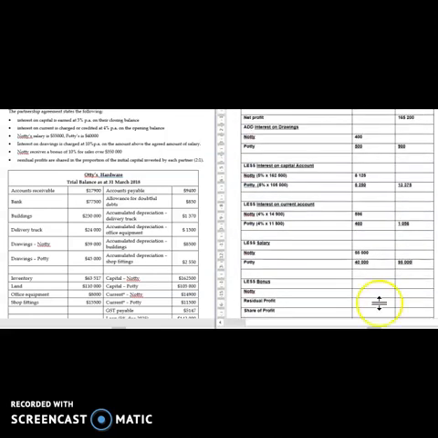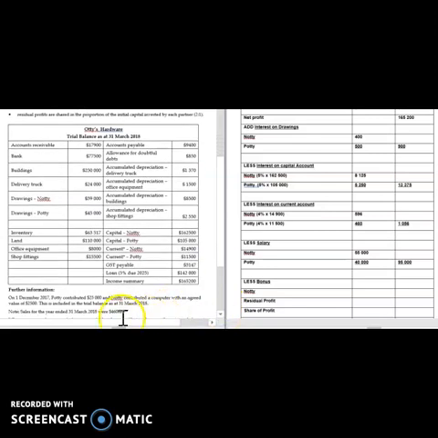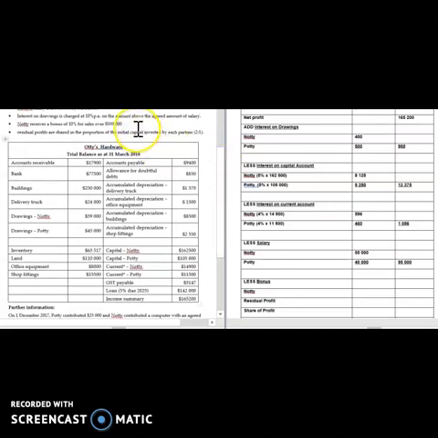Then for bonus, it says here Naughty receives a bonus of 10% for sales over 350,000. So in this question the sales was 460,000, so over 350,000 he gets a bonus of 10%. So to calculate it, 460,000 minus 350,000 will give us how much extra he has sold.